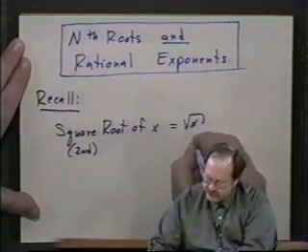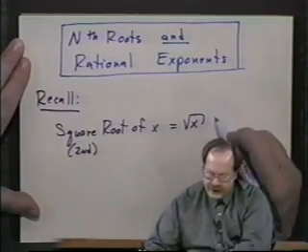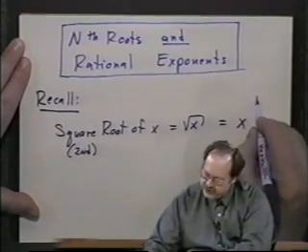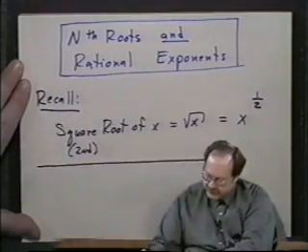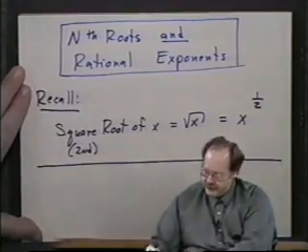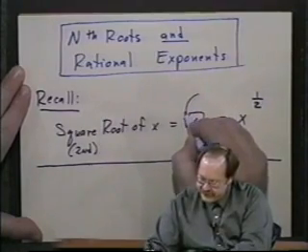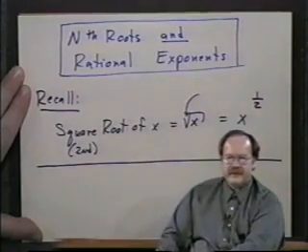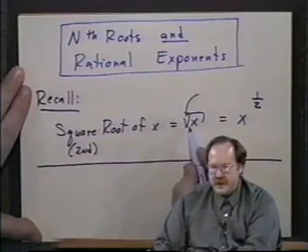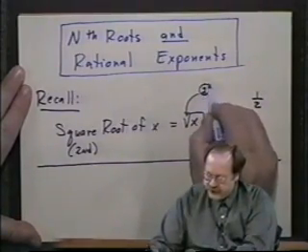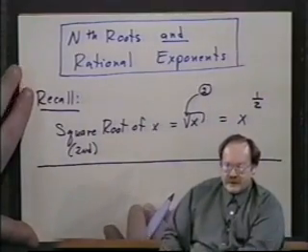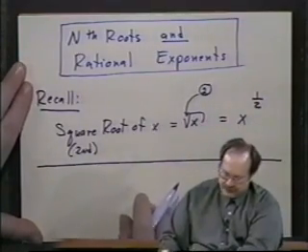The old notation was the square root symbol, and we have now got a new notation, x to the 1/2. Now let me point out one thing about the square root notation. You'll see in later notations that there is a number that appears there. The square root is the only one that doesn't have a number. You can imagine that there's a 2 there, if you like. That will make the rest of the notation look similar.